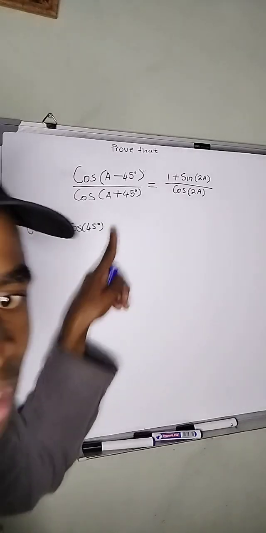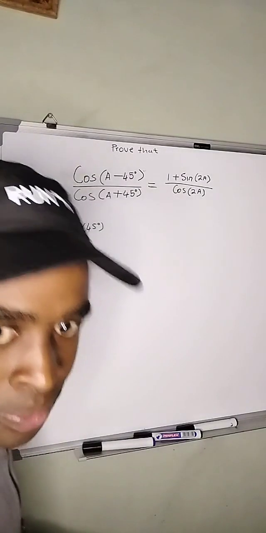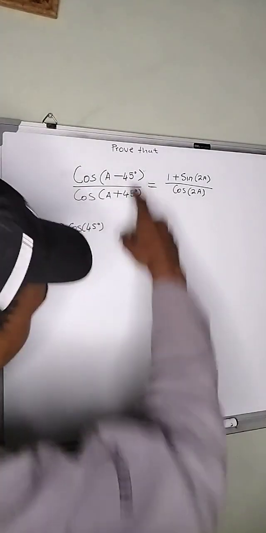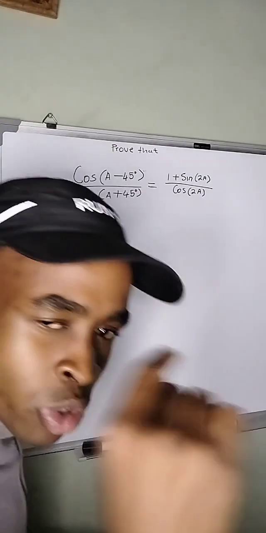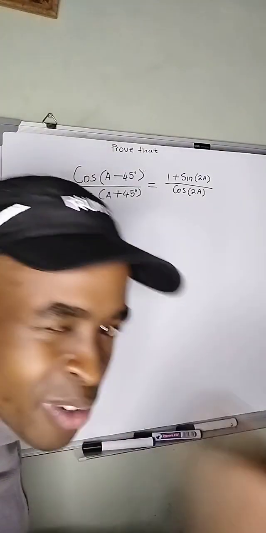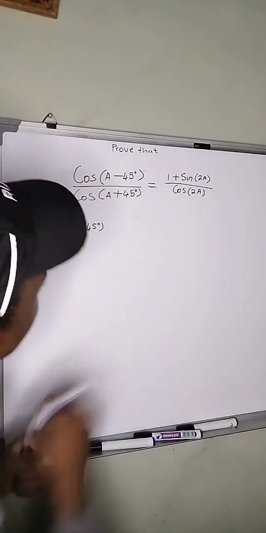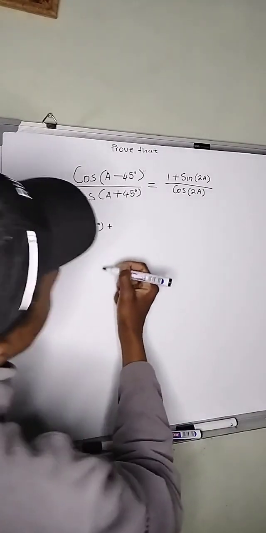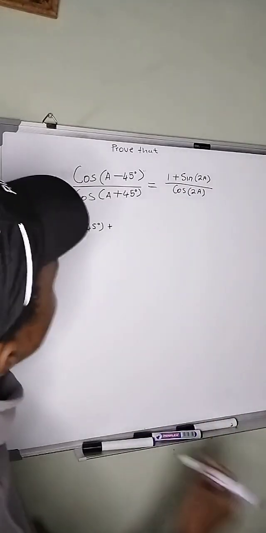Thank you very much. Don't wait for the question paper to give you a formula. Know these formulas by heart, so that you know how to apply them. This is going to be a plus. If here it's a minus, then here it's going to be the plus. Then obviously it's sine, cos, sine.